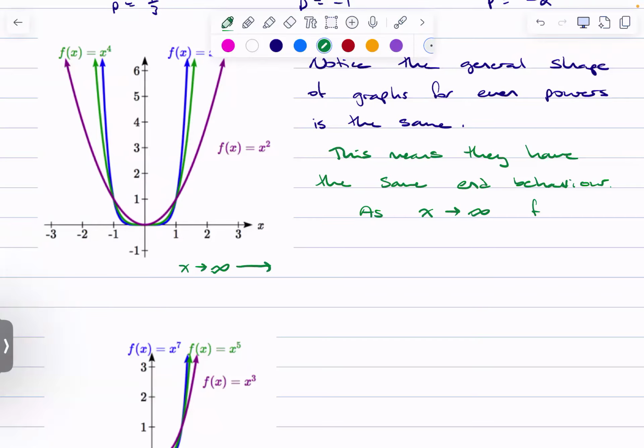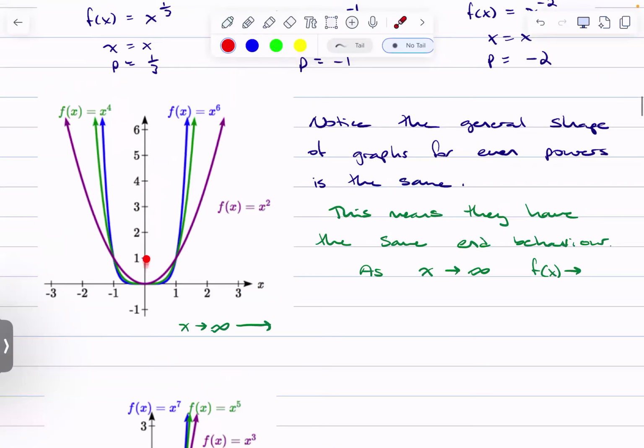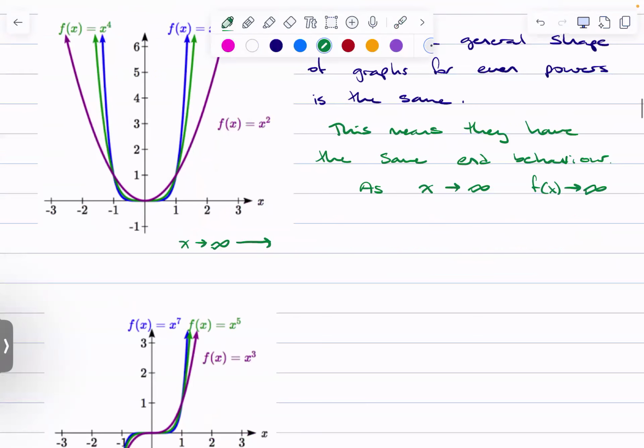Then we say that f of x is the output, on the y-axis. Now f of x in this case is also going to go to positive infinity. So then it goes towards infinity. So we use these little arrows, and we say as x goes to infinity, f of x goes to infinity.